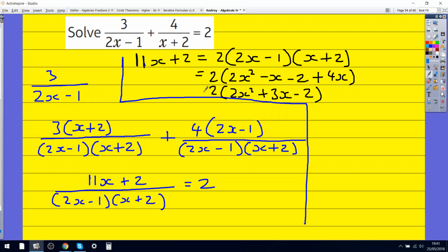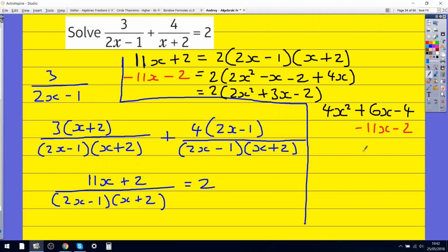And then do we just times that whole equation by 2? Yeah. And then it would be 4x squared plus 6x minus 4. And now I'd bring over the 11x and the 2. If we took the minus 2 to the other side, it would be plus 2. It's already a plus 2. Oh right, sorry.